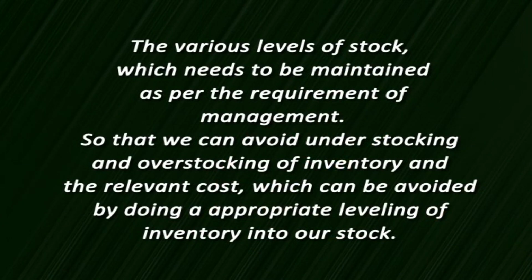With this we have learned the various levels of stock which need to be maintained as per the requirement of management so that we can avoid understocking and overstocking of inventory and the relevant cost which can be avoided by doing appropriate leveling of inventory in our stock. Thank you.